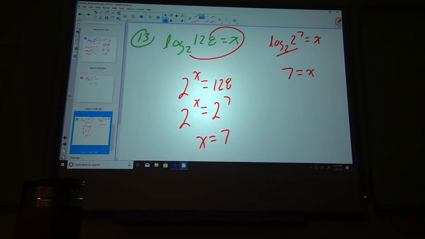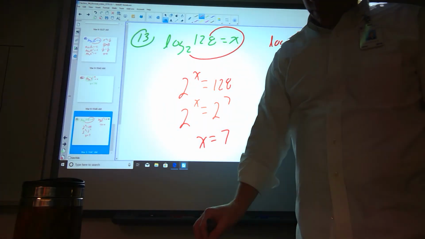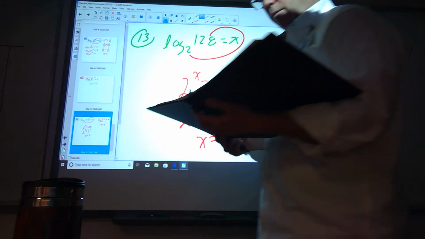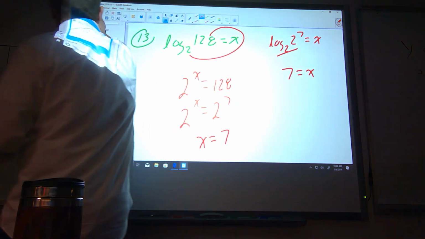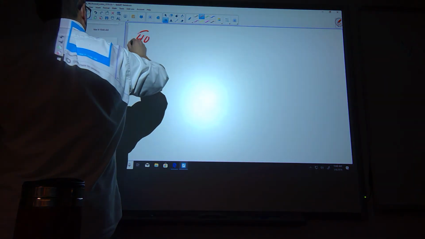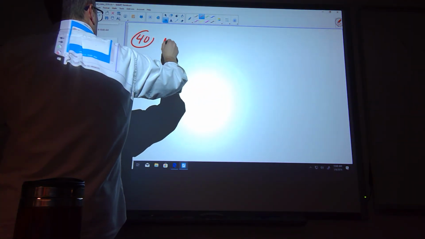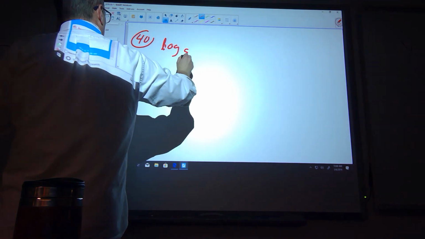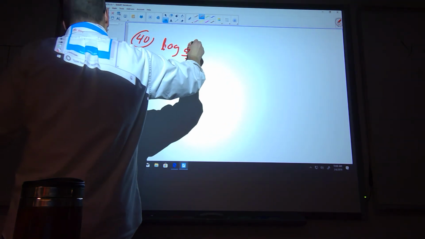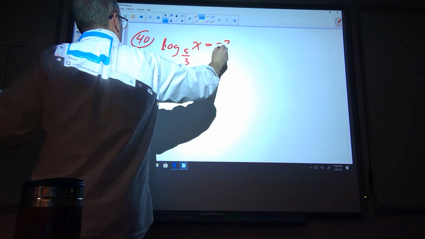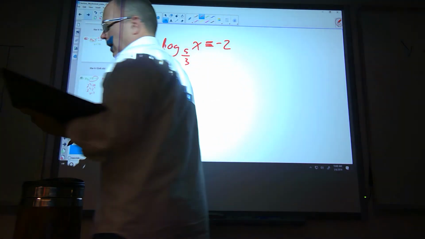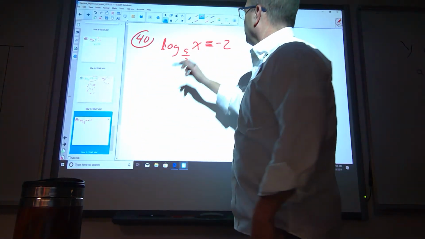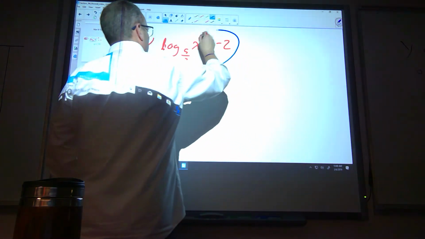40. Log base 5/3 of x equals -2. Is that okay? This one I would definitely want to make it as an exponent, so use the shell.